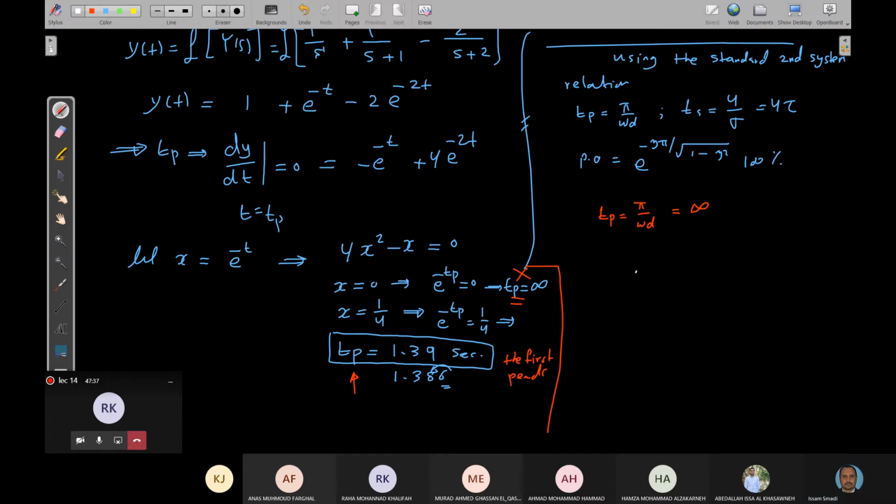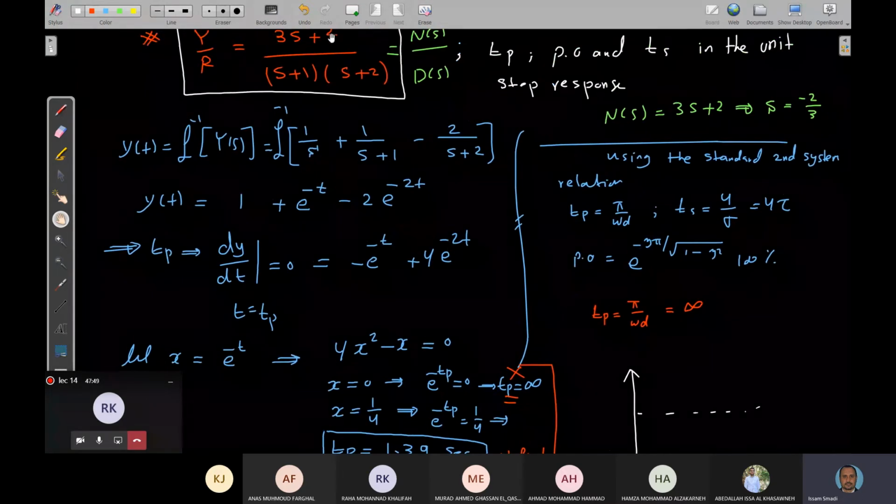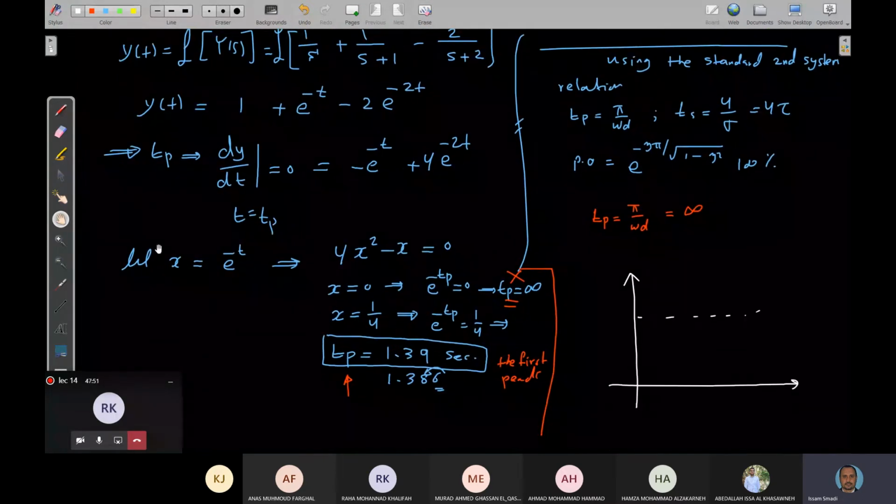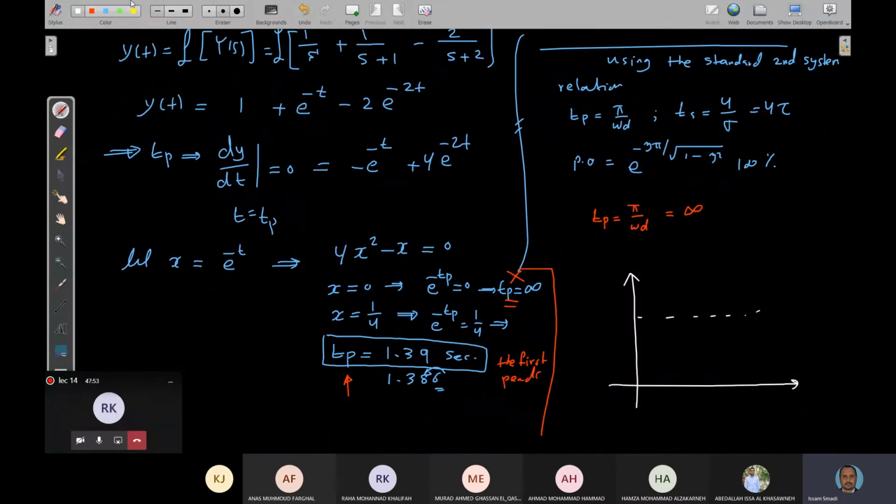Simply, let's assume that the DC gain here is equal to 1, correct? Yeah, I think the DC gain is equal to 1. So simply if I plot the response, it will be something like this. The system will reach a peak at a certain point, then it will settle down without oscillation.